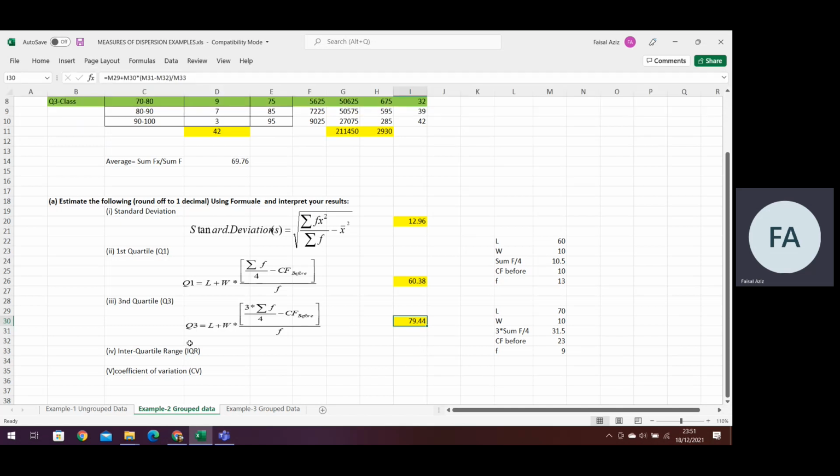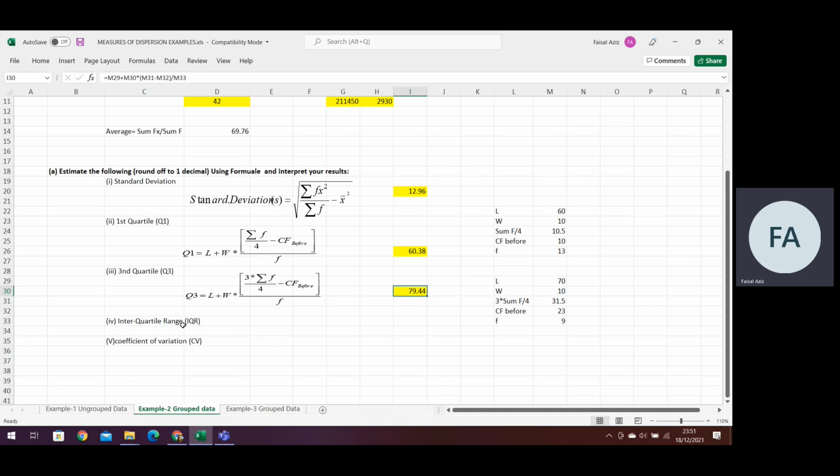Now the next one is the interquartile range. We know it very well, that the interquartile range is basically Q3 minus Q1. So we have already calculated Q3 and Q1. Q3 we have calculated as 79.44, and we need to minus 60.38.